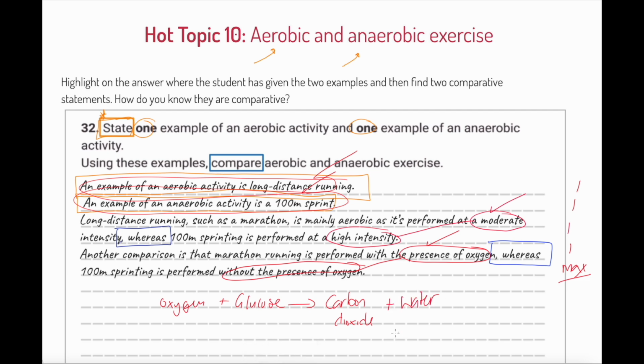And you probably already know as well, we get energy released through aerobic respiration in that way. And you can do the same with glucose goes to lactic acid plus a bit less energy release. I know you can do that. My question to you is, can you ensure for a topic that you understand that you get 4 marks in this particular case? And this compare skill is a really nice one.